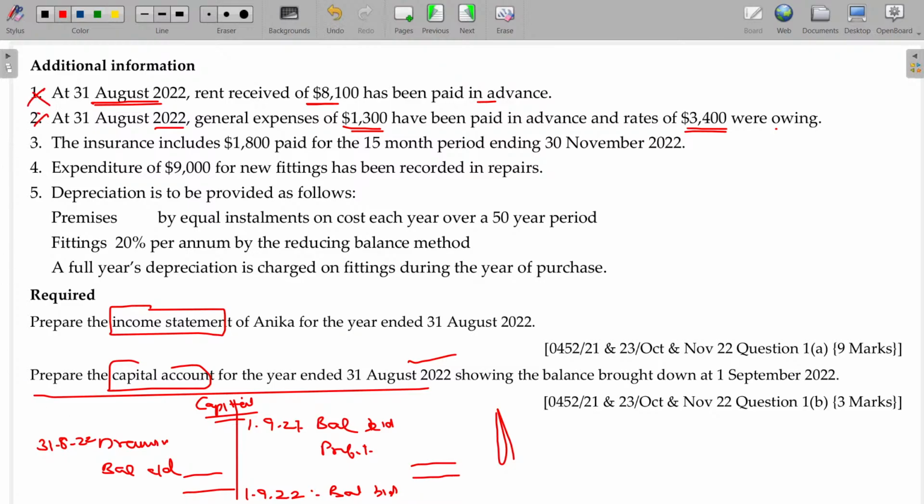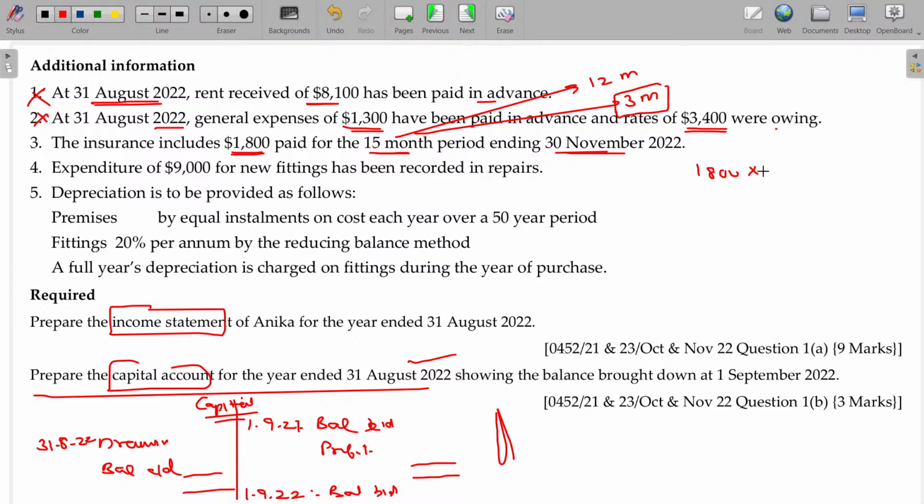Insurance includes 1,800 paid for the 15 months period ending on 30th December 2022. So 1,800 is for 15 months, where this year is for only 12 months. So in excess of that, 3 months premium will be considered as insurance paid in advance.